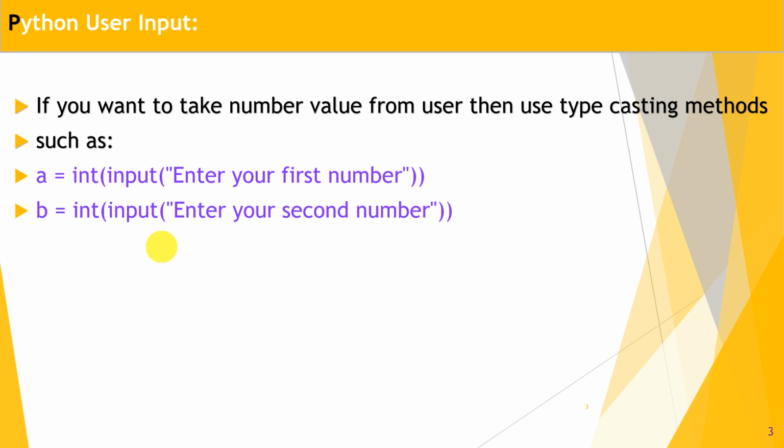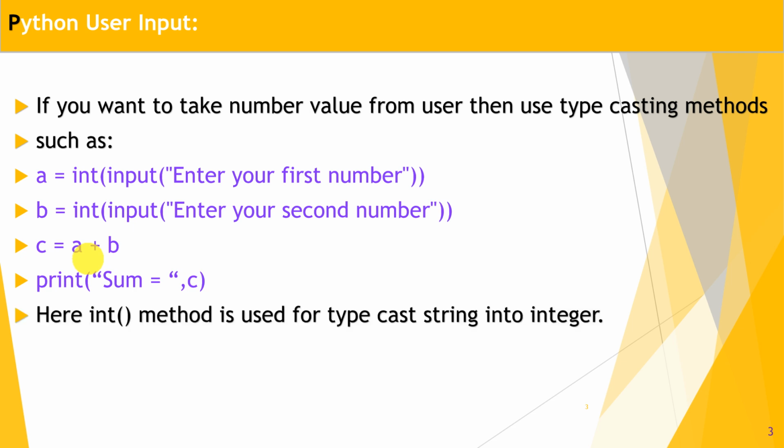Input, enter your second number, enter your first number, like this. So see, a plus b, that is addition of a and b, is saved into c and displayed. That means take two values from the user, add them and display on the console. So guys, let's check if it works or not using our IDE.